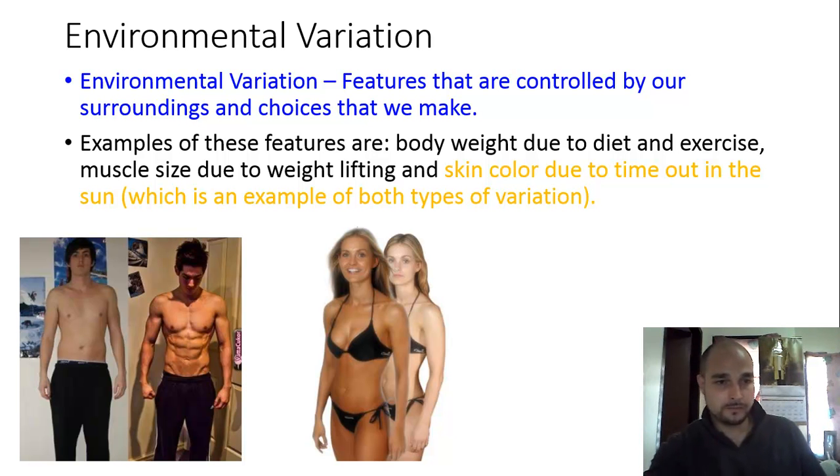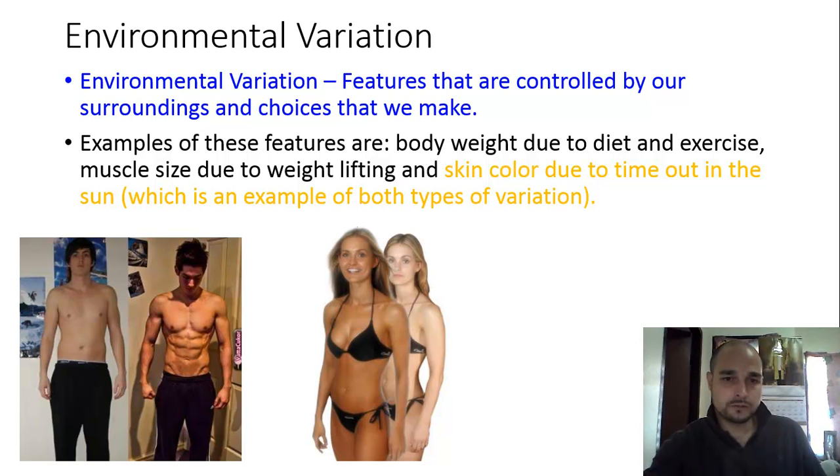2 pictures here. Obviously, the young man on the left decided to go on a fitness kick and did some strength training, and you can see that he has shed his extra fat, turned it into muscle, and that is a good example of environmental variation from choices that he's made.